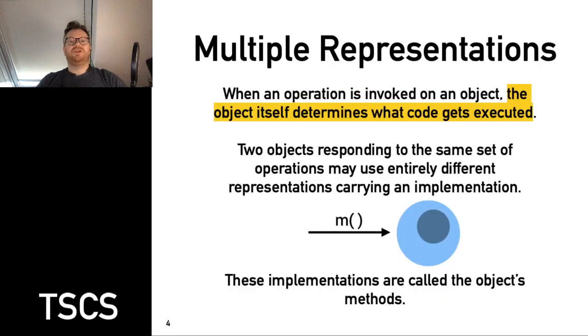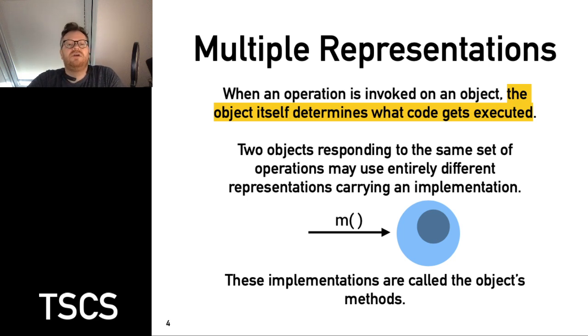Multiple representations. Let's walk through this a little bit. When an operation is invoked on an object, the object itself determines what code gets executed. So two objects responding to the same set of operations may use entirely different representations carrying an implementation.